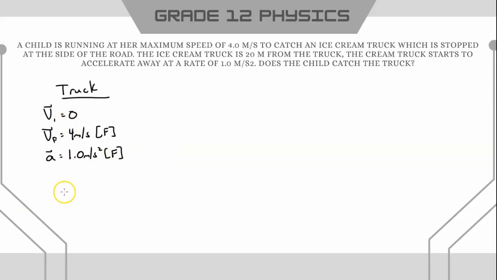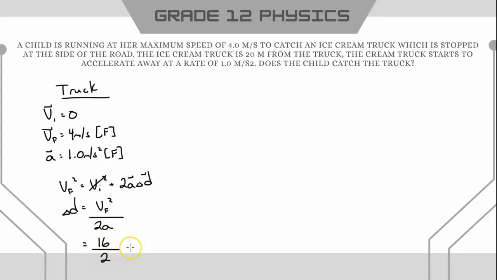So we're going to use this equation where we have final squared equals initial squared plus 2a delta d. Okay, so initial is going to be 0. So if we're just solving for delta d, just rearranging, it is final squared all divided by 2a. So we've got 4 squared, which is 16, over 2 times a, which is 1, so that's 2. So we get 8 meters.